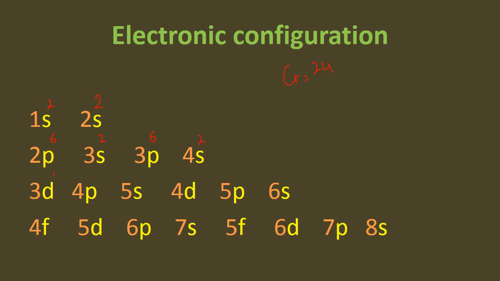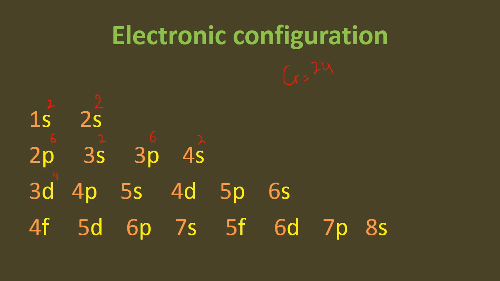So these 4 electrons will move to 3d. So according to this simple configuration, the valence shell will be 3d. But in case of chromium, the valence shell is 4s, which is an incomplete shell.